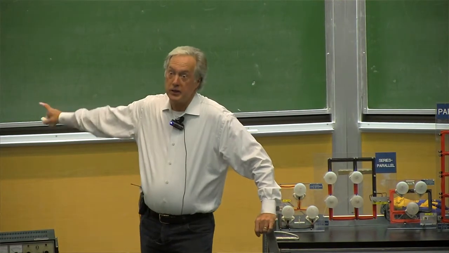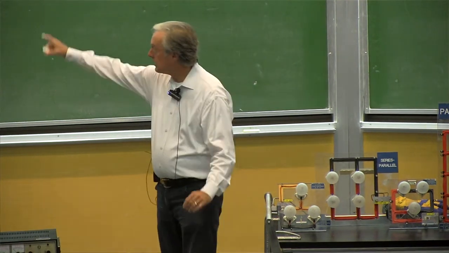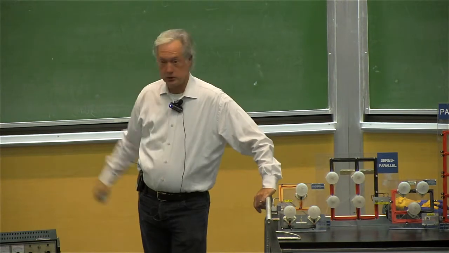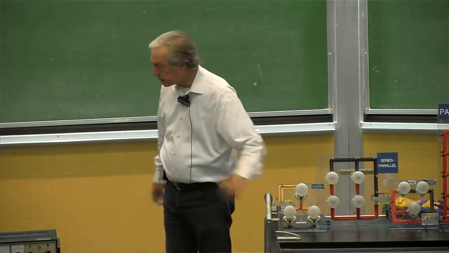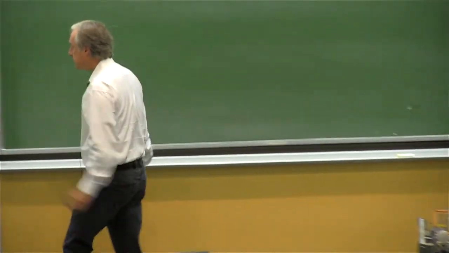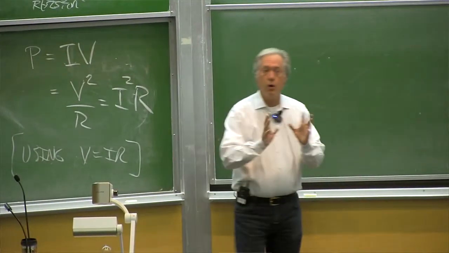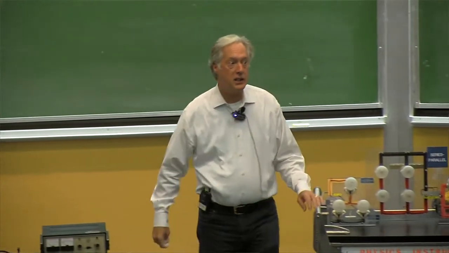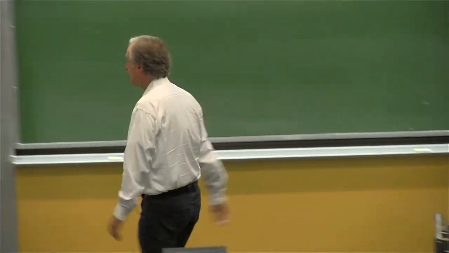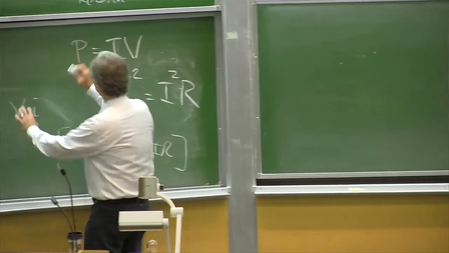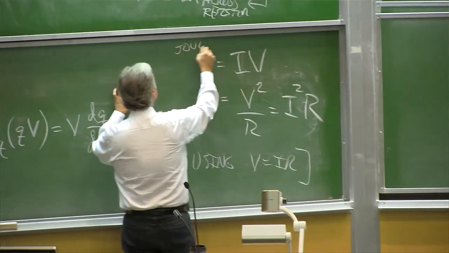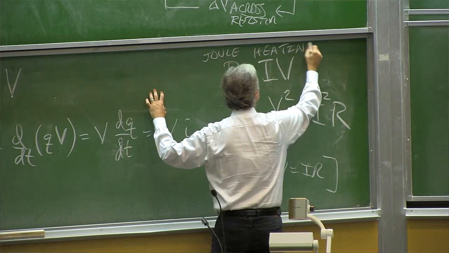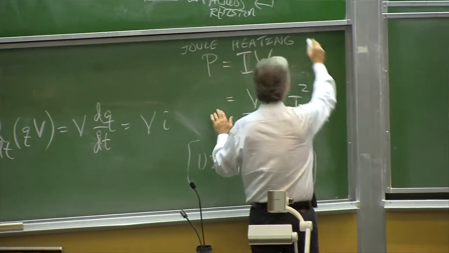If that is not a reasonable approximation for Ohm's law, then you have to be careful to calculate the power from first principles like we were just talking about. Okay, so this is then called the ohmic dissipation, the Joule heating, if you will, for a resistor. So this is Joule heating power.